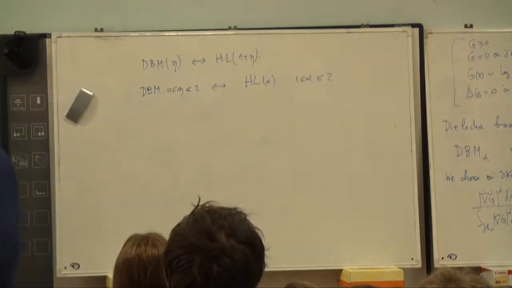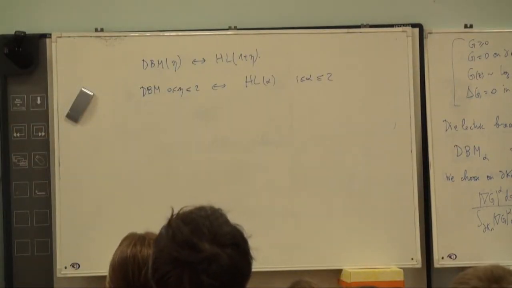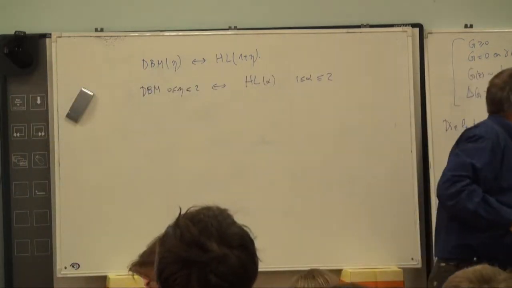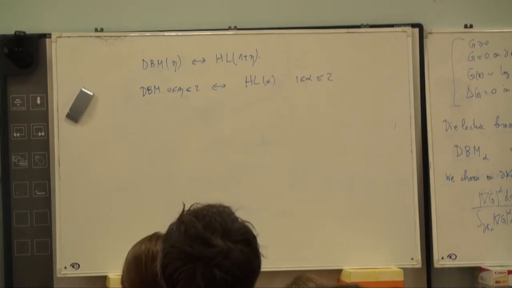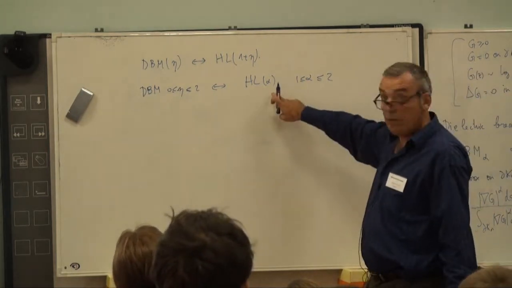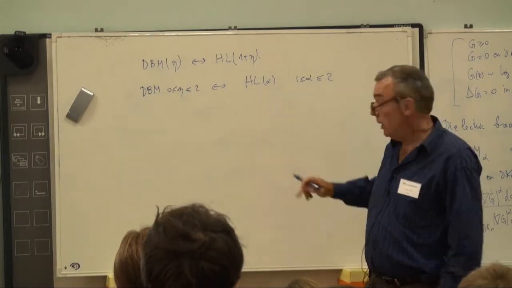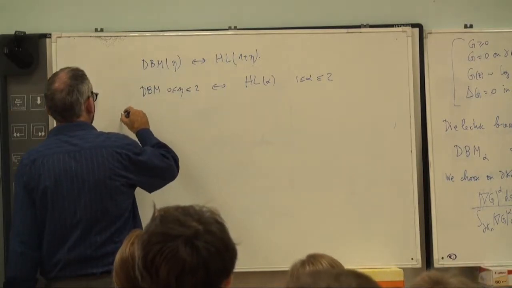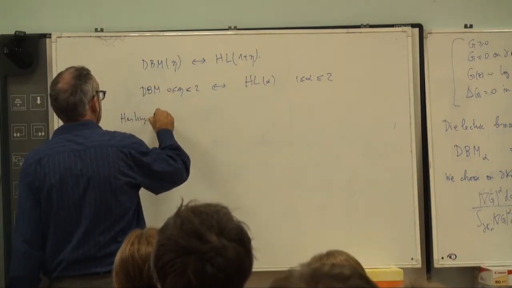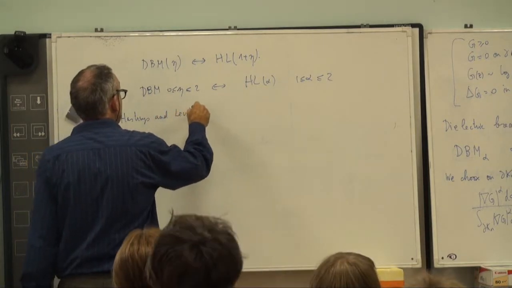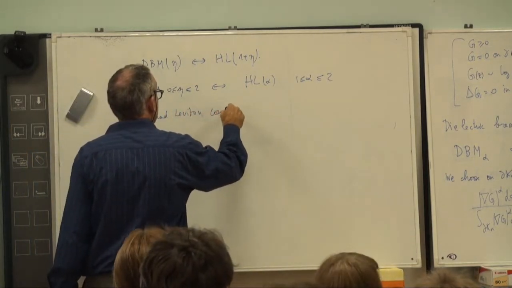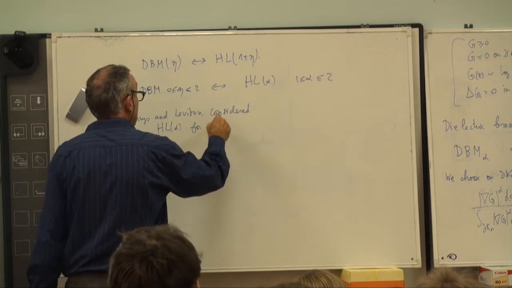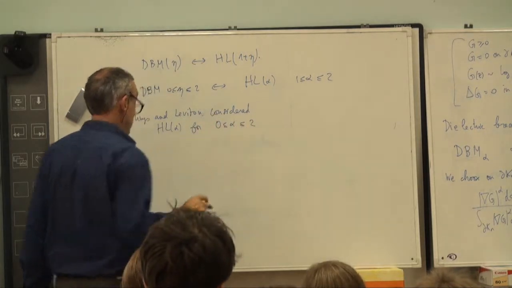Okay, but now, even if there is no physical significance of the process, at least in this setting, there is no obstruction to taking alpha between 0 and 2. So actually that's what Hastings and Levitov considered: HL alpha for 0 less than alpha less than 2.